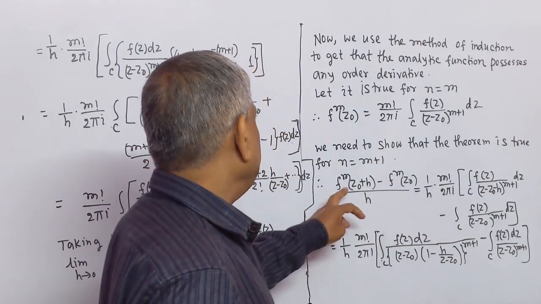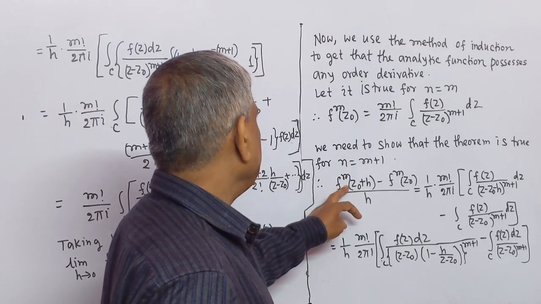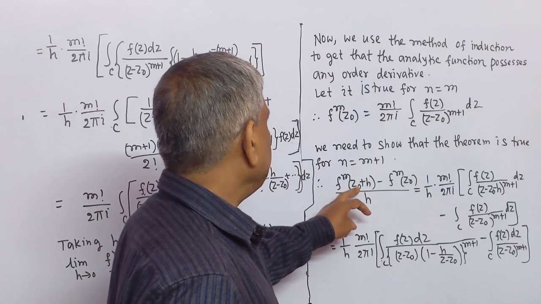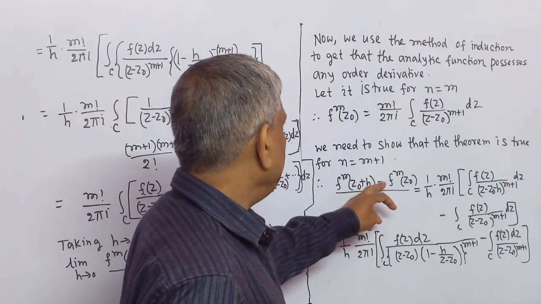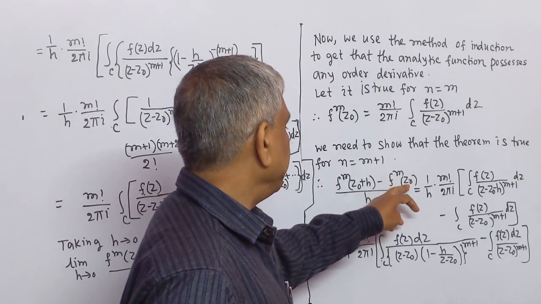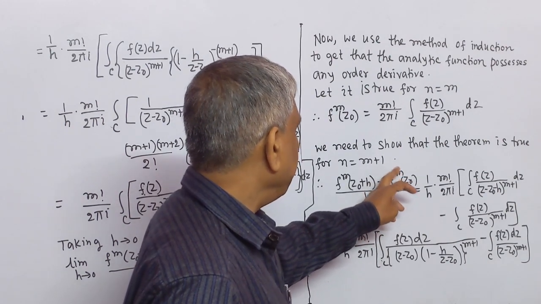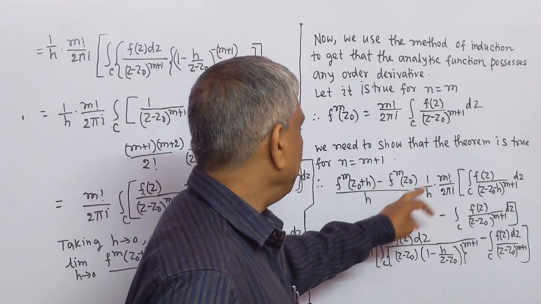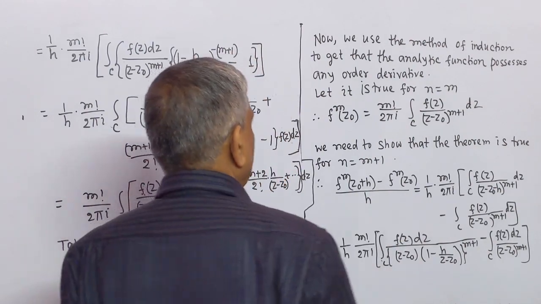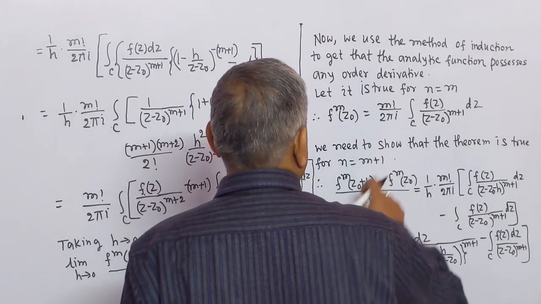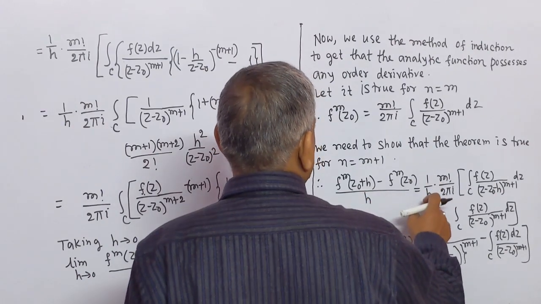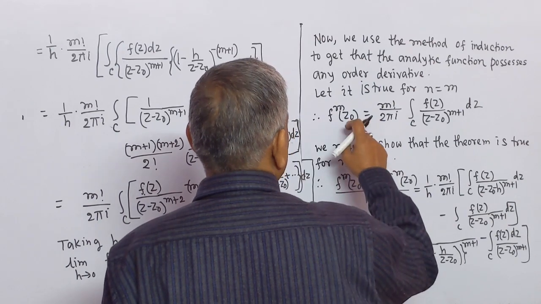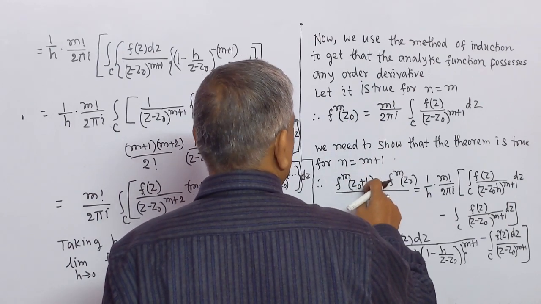Now, the mth order derivative of f(z) at the point z equal to z0 plus h, minus the mth order derivative at z0, by h equals 1 by h, where in place of z0 we write z0 plus h.